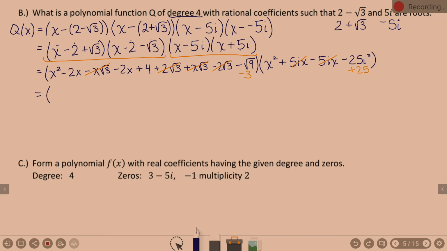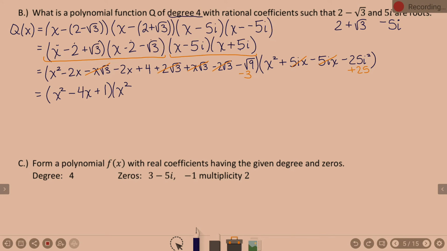Let's clean up that first one. I have 1 x squared term. Minus 4x. Minus 2x and minus 2x is minus 4x. Plus 4 minus 3 does make it plus 1. Okay? The other one. We have x squared.